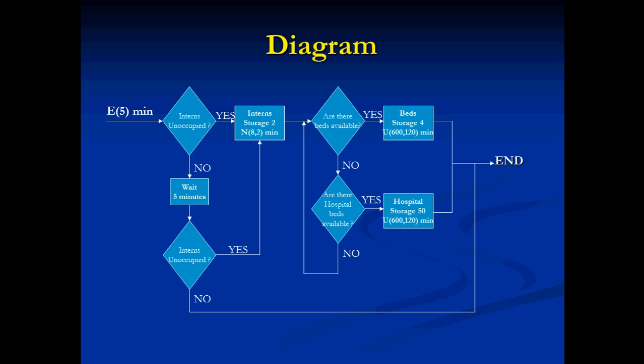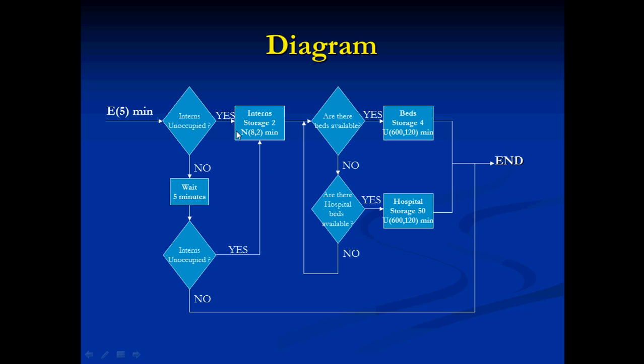And if they are still occupied, they leave. If they can attend it the first time or the second time, interns are on a storage of 2 and give an attention following a normal distribution with an average of 8 and a standard deviation of 2.